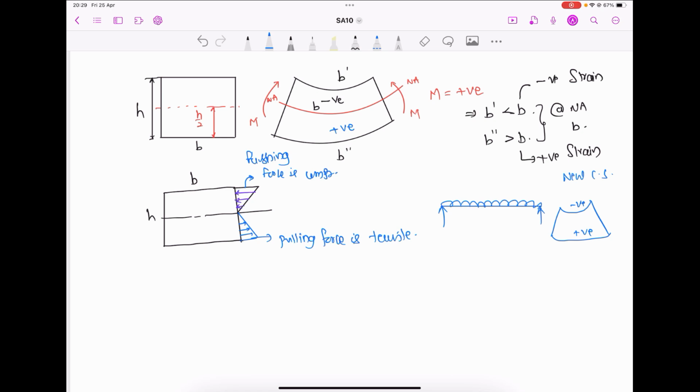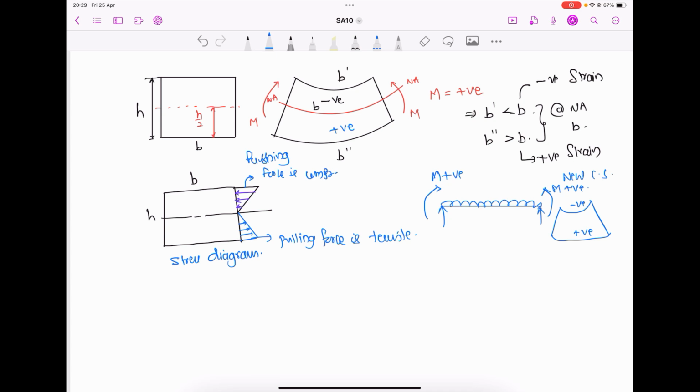Now, this is when moment is like this. When moment is positive, this is M positive towards the top. This is the stress distribution diagram.